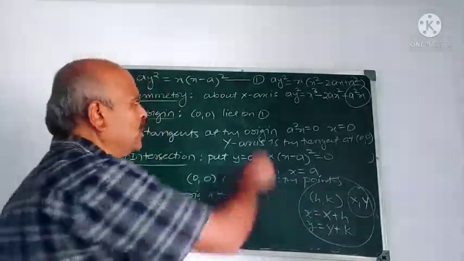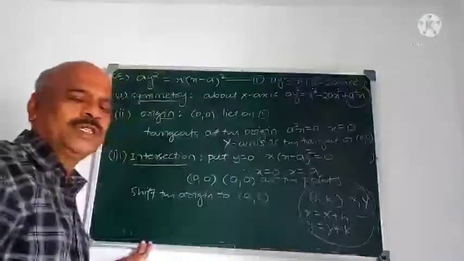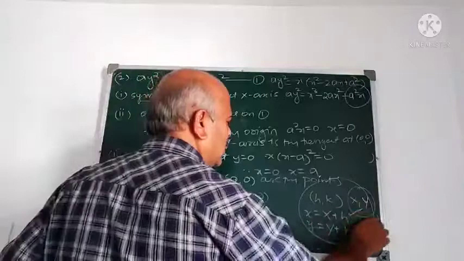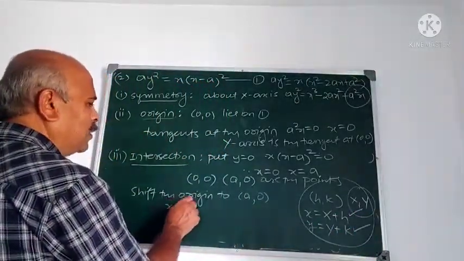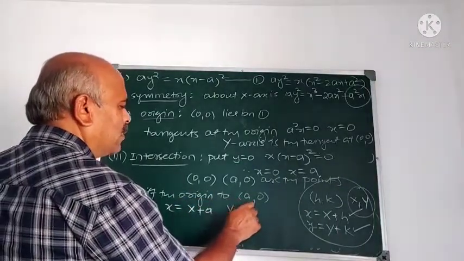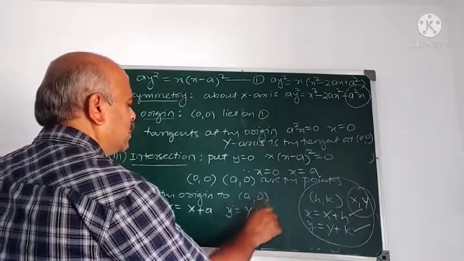The given equation reduces to a new equation with origin at (h, k). For that you have to substitute x = X + h, y = Y + k. Therefore substitute x equal to capital X plus a, and small y equal to capital Y plus 0.